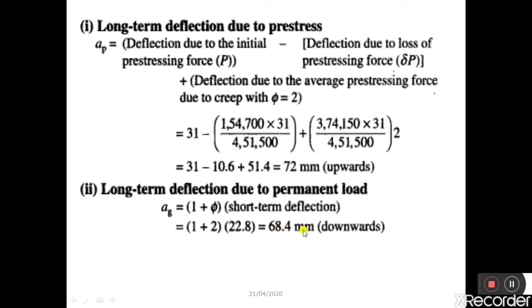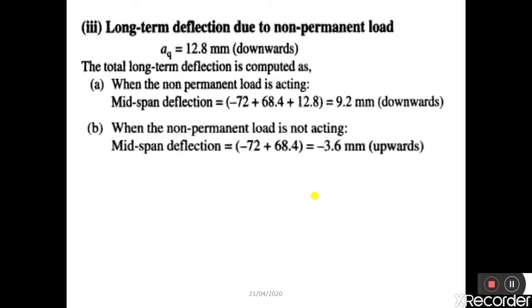So 68.4 mm is a downward deflection, because it is the deflection due to permanent load. Permanent load means it is a dead load, and the dead load will always act in the downward direction, hence the deflection will be in the downward direction.